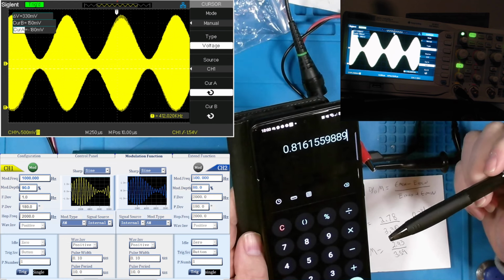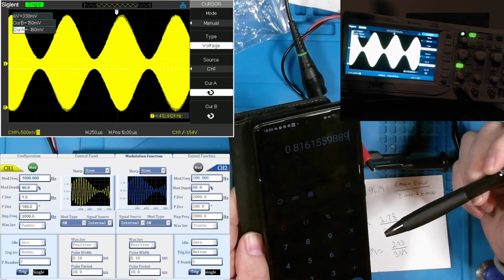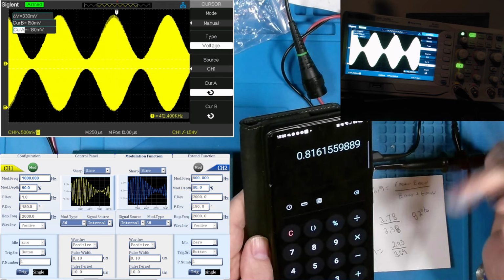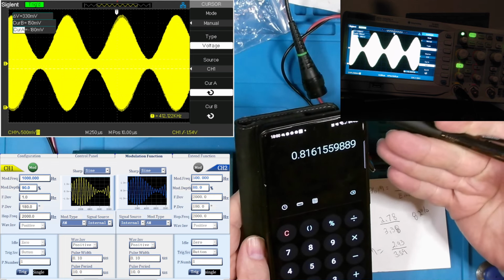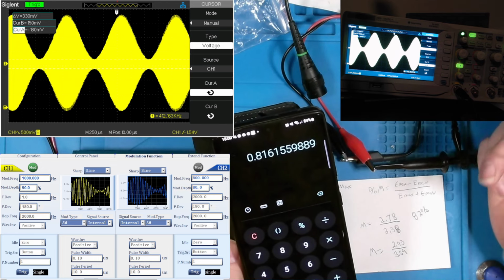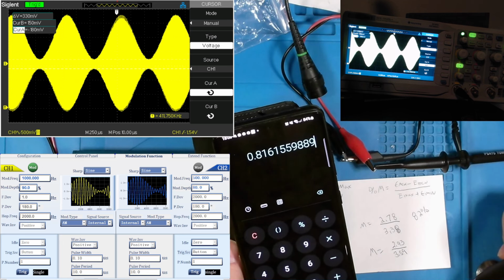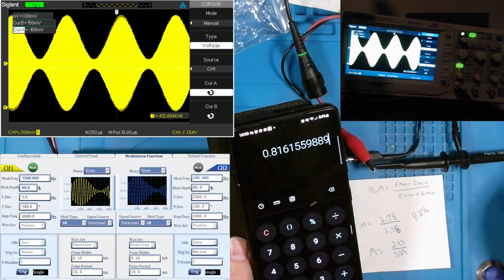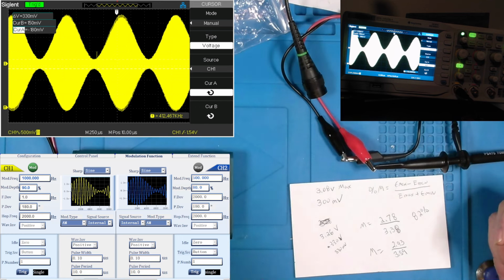So that's something I'll need to keep in mind. Now, whether that's just a characteristic of a cheap programmable signal generator or whatnot, but yeah, the math is math. You get modulation and multiply it by 100 to get your percent, and we're showing 81% modulation.